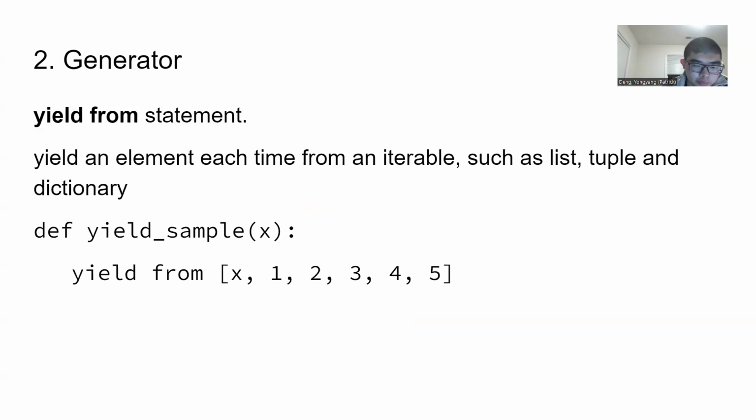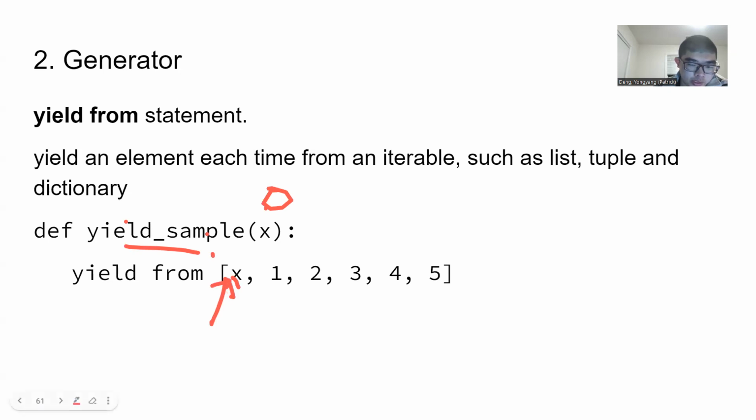So a yield from example is like this. Suppose I take in 0 into the yield from sample. Every time I call next of the sample, I will act like an iterator.